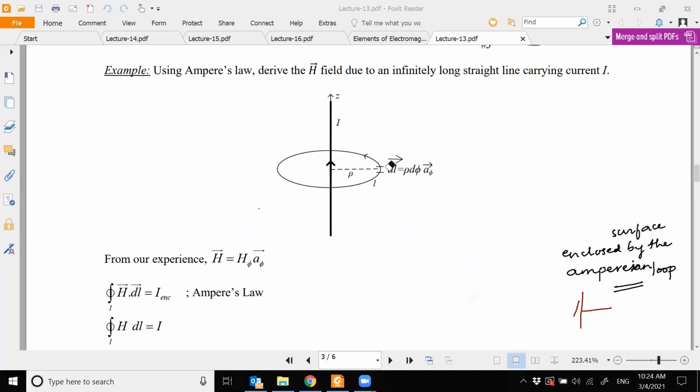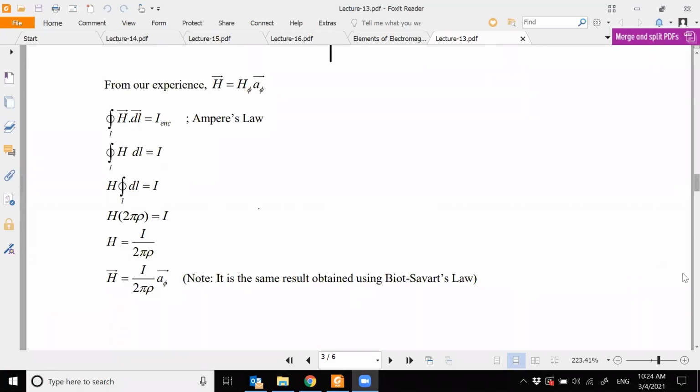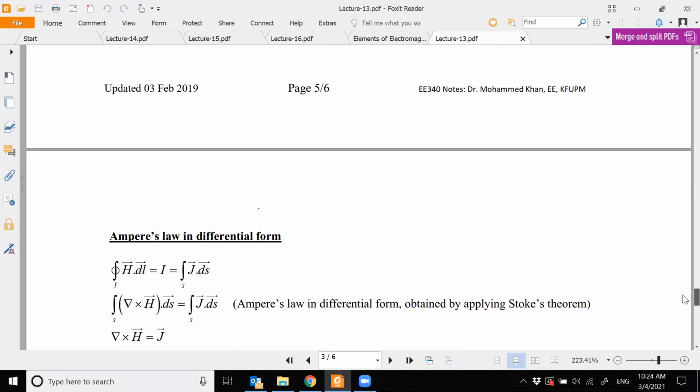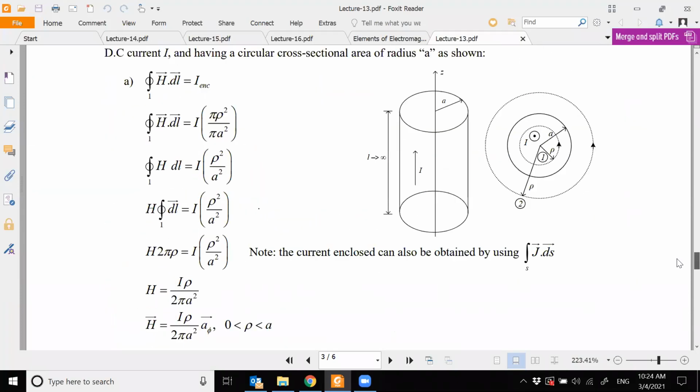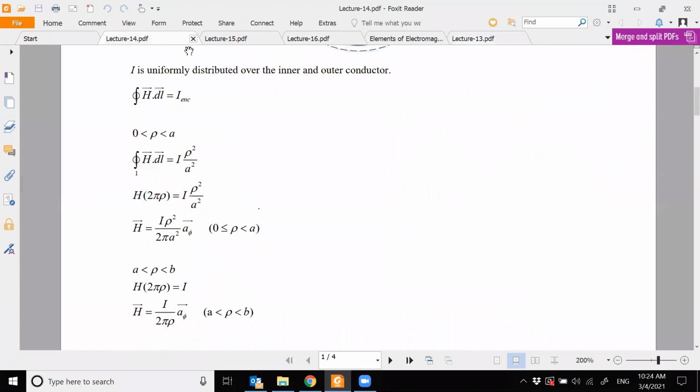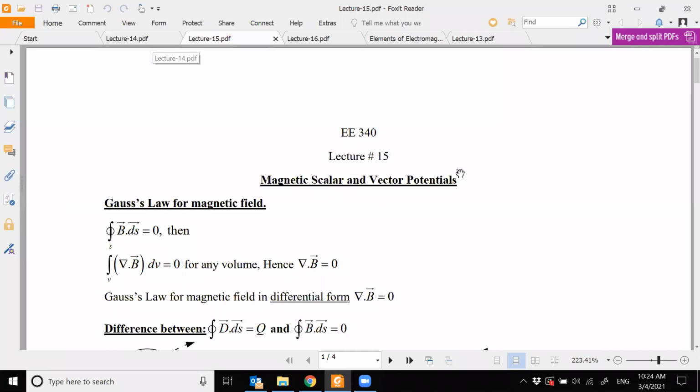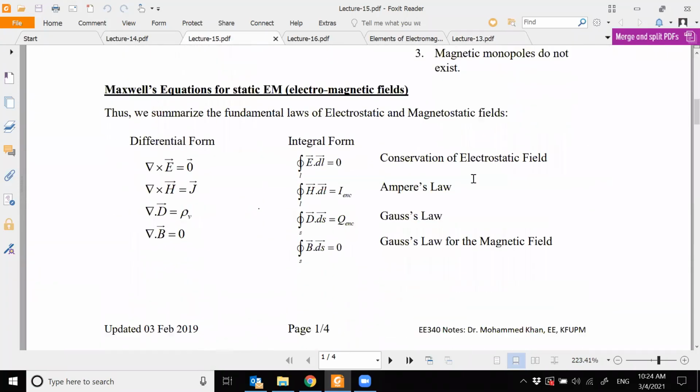Okay, so now let's go to our next part, which is magnetic potential, and spend the remaining 20 minutes on that. So now I'm summarizing all the laws that we have studied.